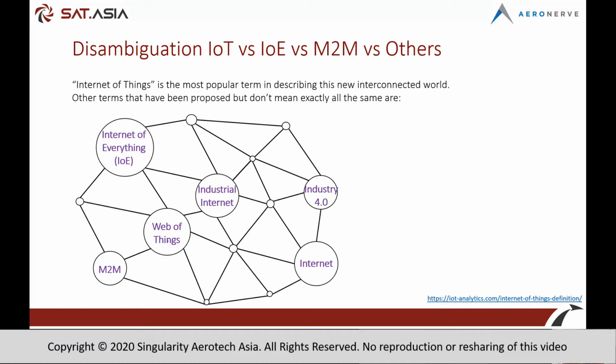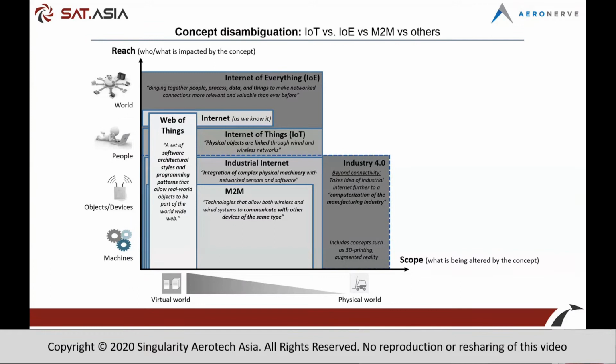So all these are terms, but they don't exactly mean the same thing. Okay, this is some of the definition study or concept disambiguation to differentiate between all the other terms that overlap with IoT.